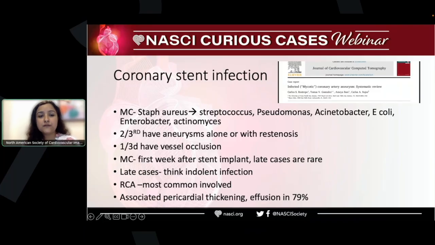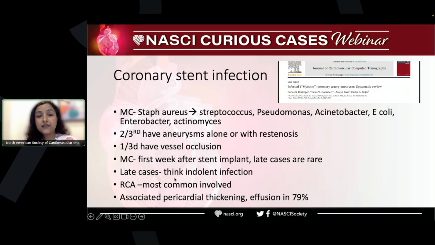Two-thirds of the patients can have aneurysms alone or with restenosis of the stent. In one-third, you can have a blocked vessel, like in our case, where there was stent obstruction. Most commonly, chronic coronary stent infection occurs within the first week after stent implantation, and late cases are very rare.